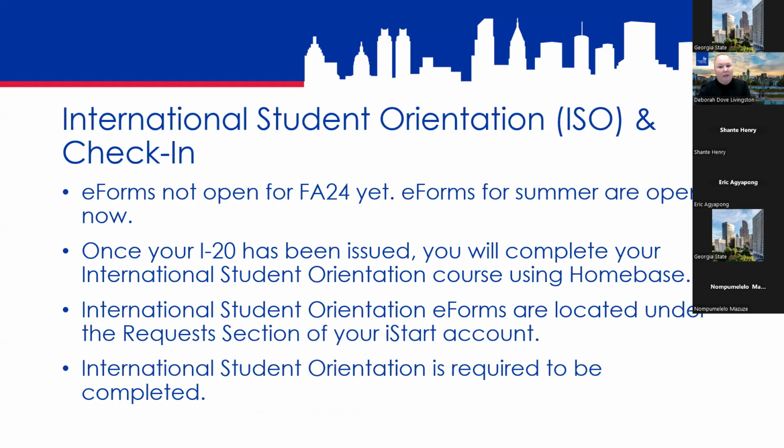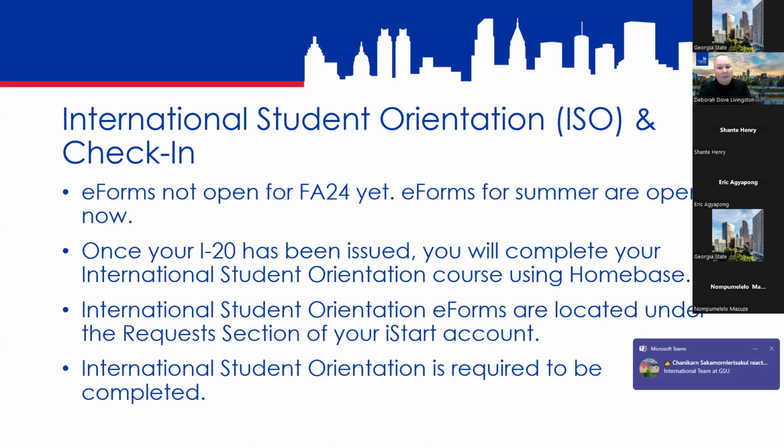After your I-20 has been issued, within a few days, you'll receive an email with your next steps to access your International Student Orientation course offered through Homebase. Your International Student Orientation e-forms are in your iStart account under the Request section. This is the same location as where you found your I-20 request e-form.